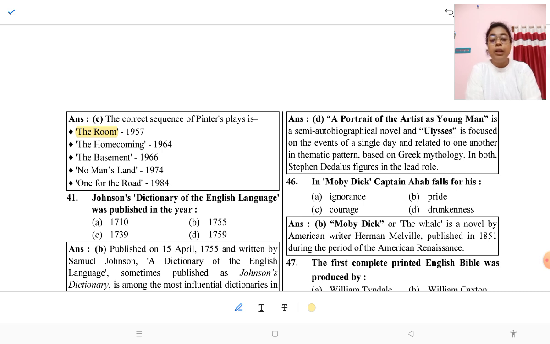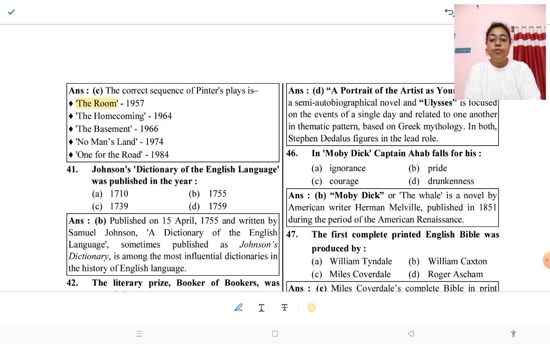The Room was published in 1957, and in 1957 Birthplace Mythology was also published. Then The Homecoming, 1964, and maybe in 1964 the CCCS cultural studies was first established. Then The Basement 1966, No Man's Land 1974, One for the Road 1984.